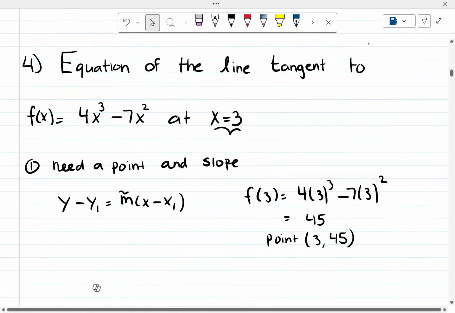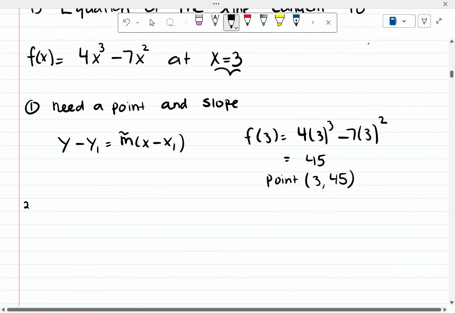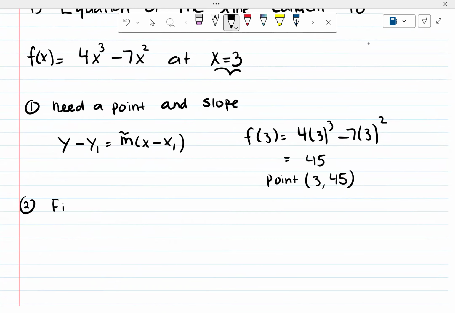So let's do step 2, find the slope, because we already have the point, right? So how do you find the slope? You take the first derivative. This one's not too bad. You just use power rule. So what is the derivative for 4x cubed?